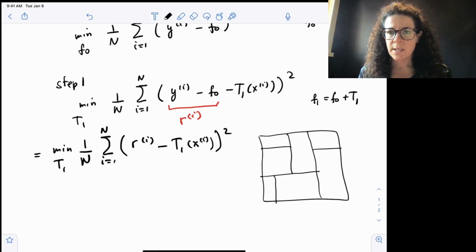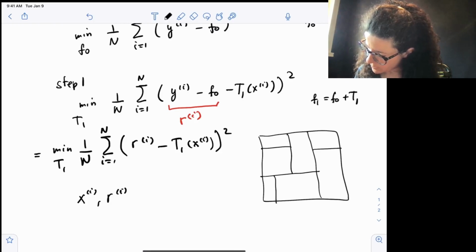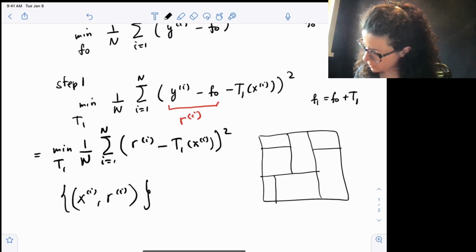And this is basically the regression tree that is trying to fit this data set, a data set in which we have x and we have target Ri, the residual.